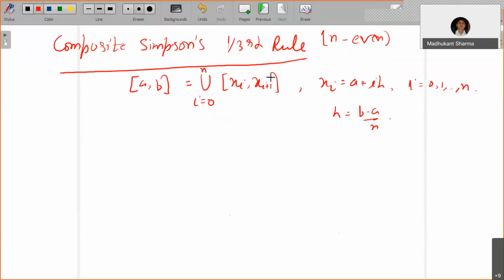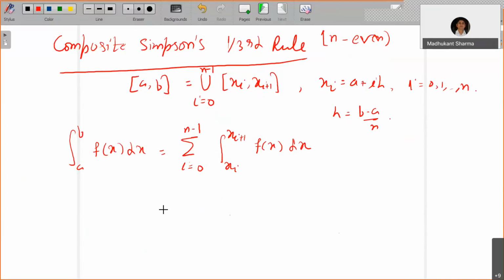So when you write integral a to b f of x dx, that's going to be summation i equals 0 to n minus 1 of the integral xi to xi plus 1 f of x dx.